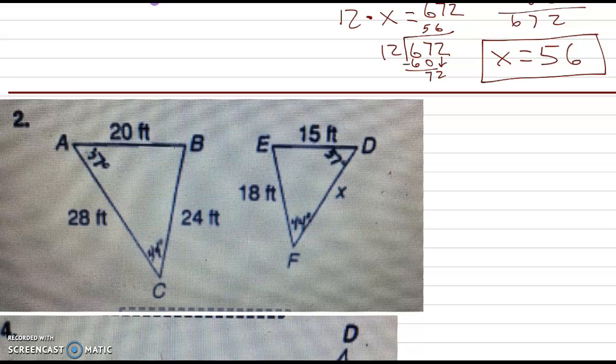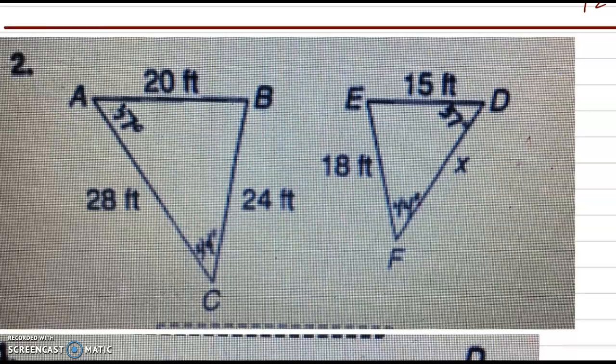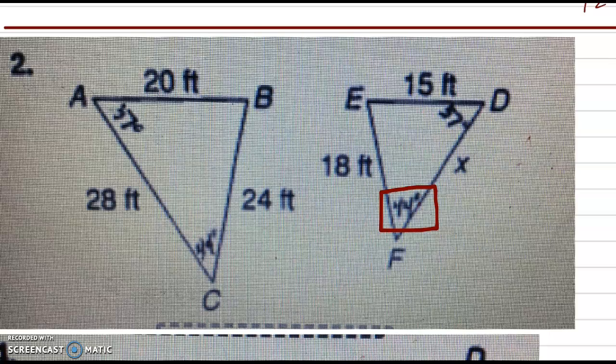Or if you don't have that, what I will do right now is I like to put shapes around corresponding angles. Okay, so if we look at number 2, I'm only going to look at the angles right now. I'm looking at the ones on the bottom, and we've got 44 on that one, and I see 44 on that one. So that means that those correspond with each other. Okay, so I'll put squares around both of those.